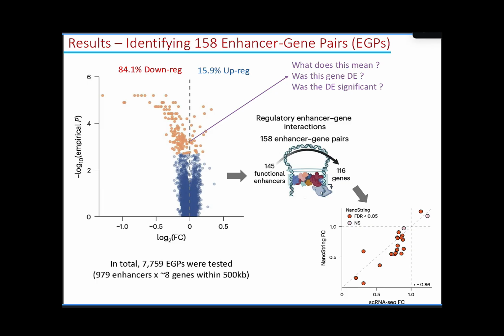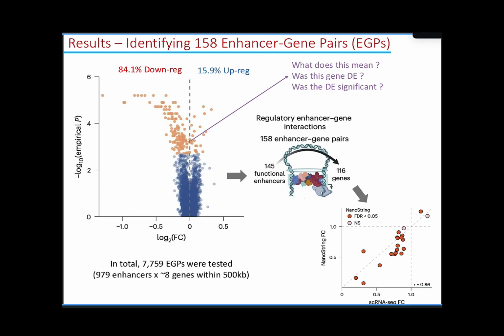They came up with data that they displayed in this volcano plot, where on the x-axis, as usual, you have fold change. That represents how much the expression of a given gene changed between the cells with the enhancer inhibited versus not.